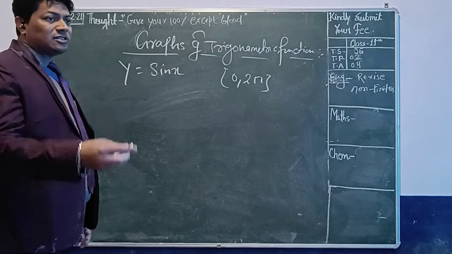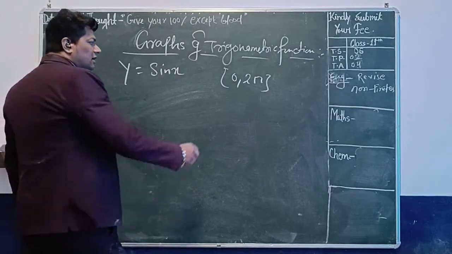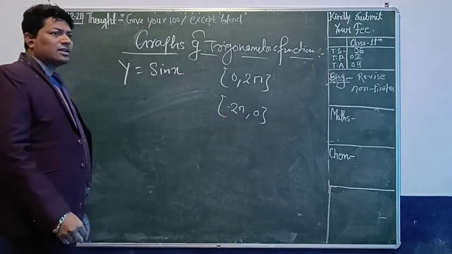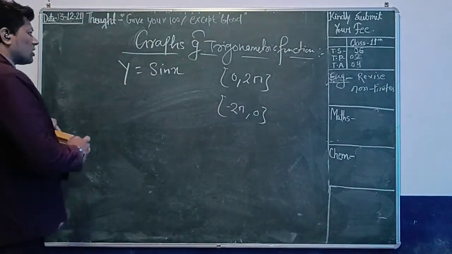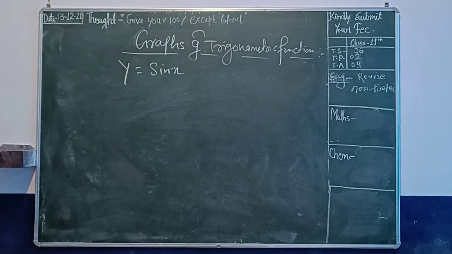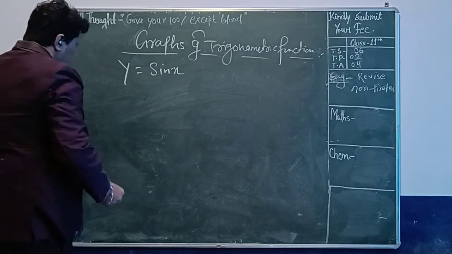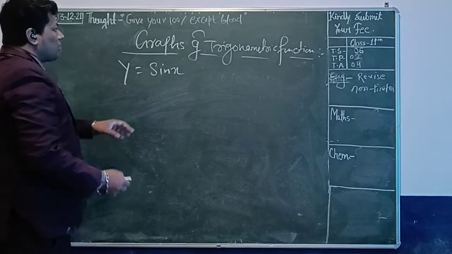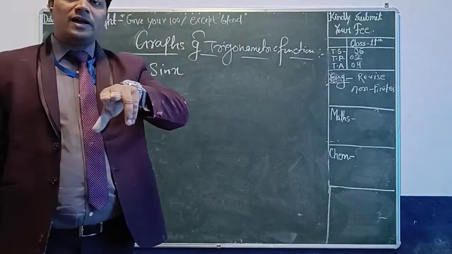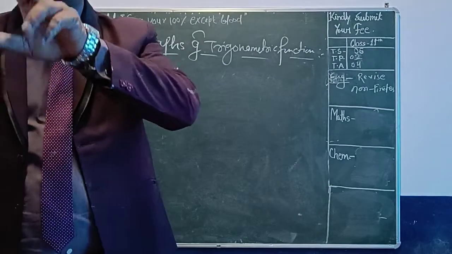On the positive side, if you go to the negative, you get minus 2 pi comma 0. Is it clear? So you are getting 0 comma 2 pi and minus 2 pi comma 0.